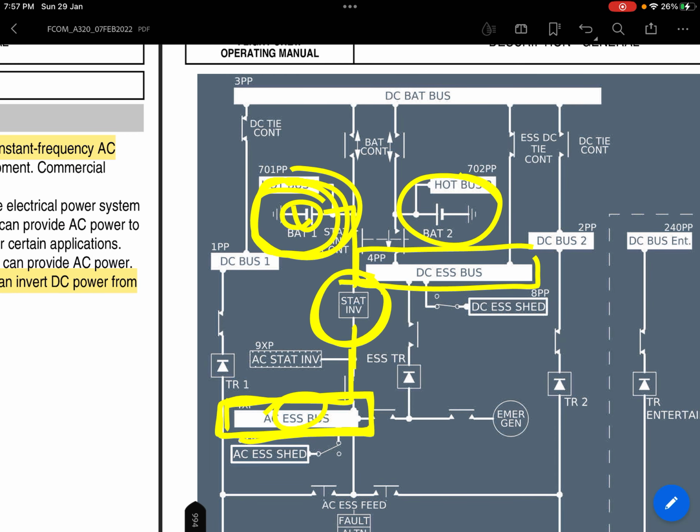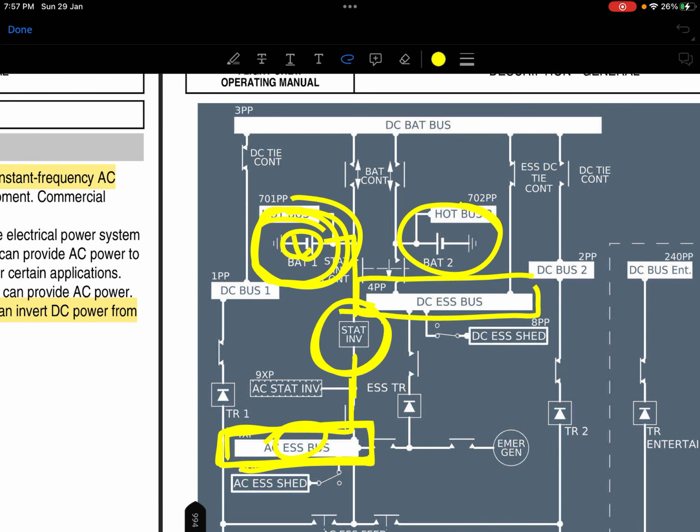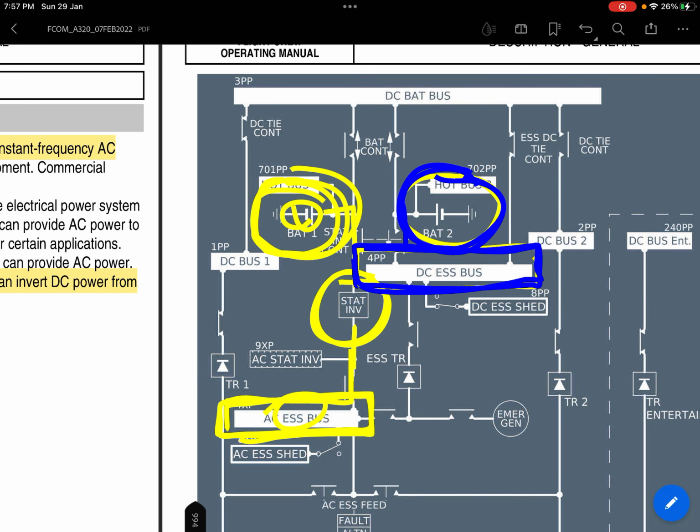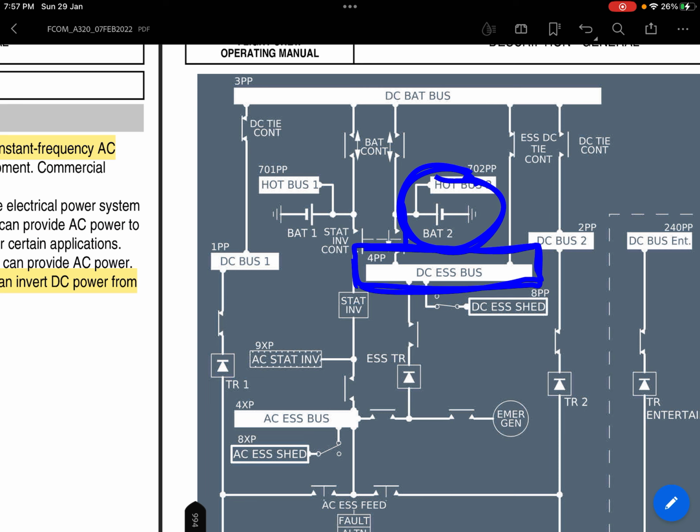And for the DC essential bus, here we have battery number 2. This battery is also DC power, and DC essential bus needs DC power only, so we need not connect anything in between. It is a direct connection between them. So this is what the question is asking, and option Alpha is correct.